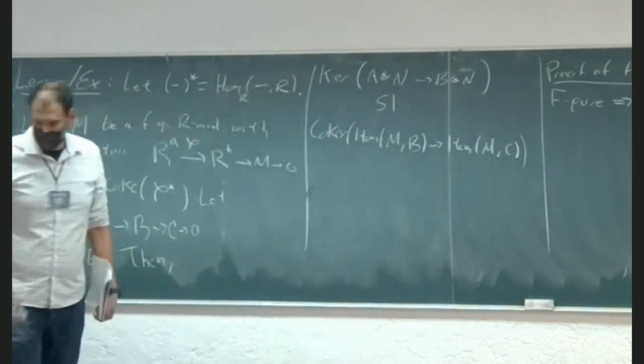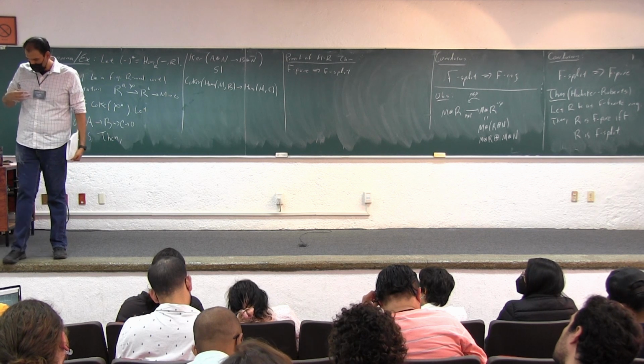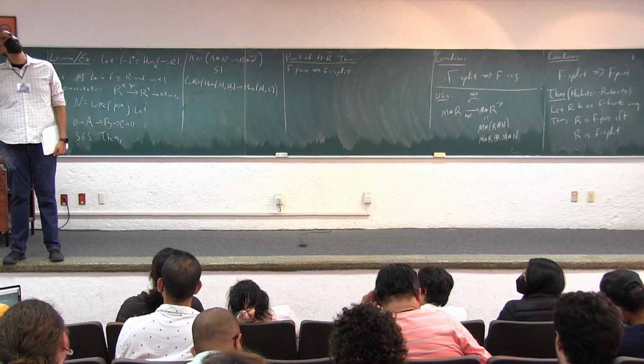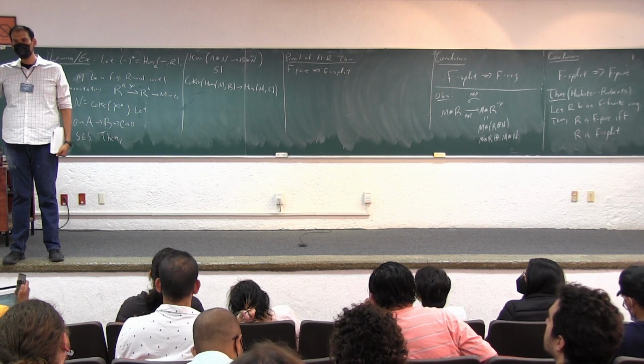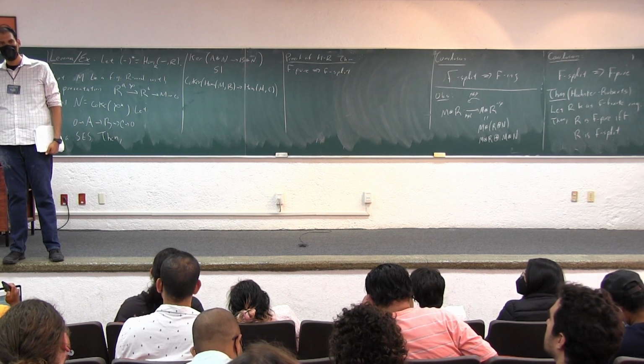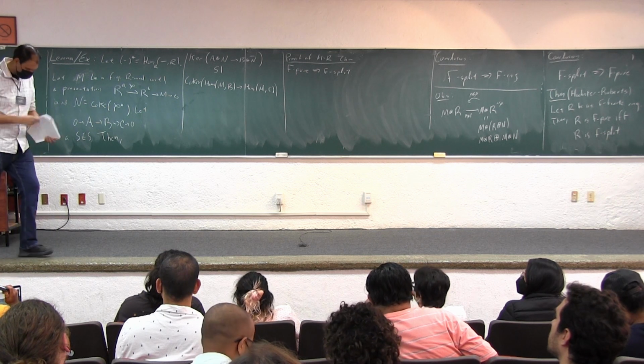Okay, so the trick is to reinterpret or to think of splitting in terms of a certain map being surjective. That's the key part that we have to do here.